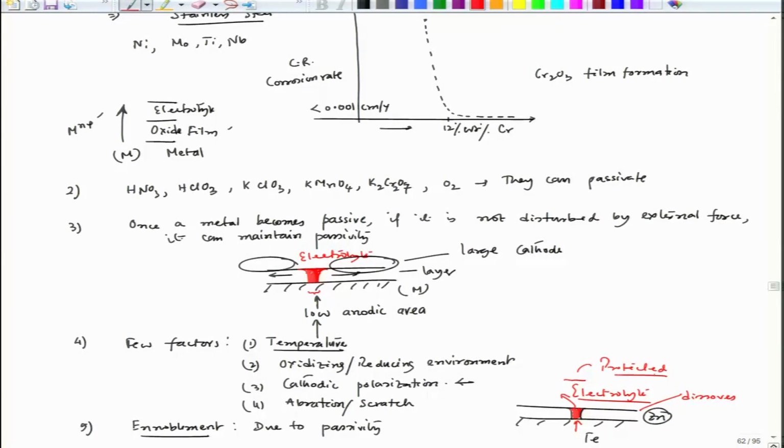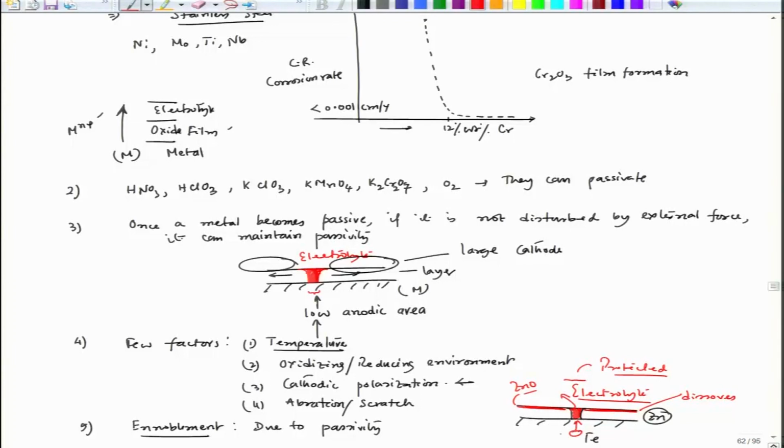Fine. But at a higher temperature, around 70 degrees Celsius, once zinc forms oxide, this layer is forming zinc oxide. Then zinc oxide becomes cathodic to this small segment. So, the polarity reverses.